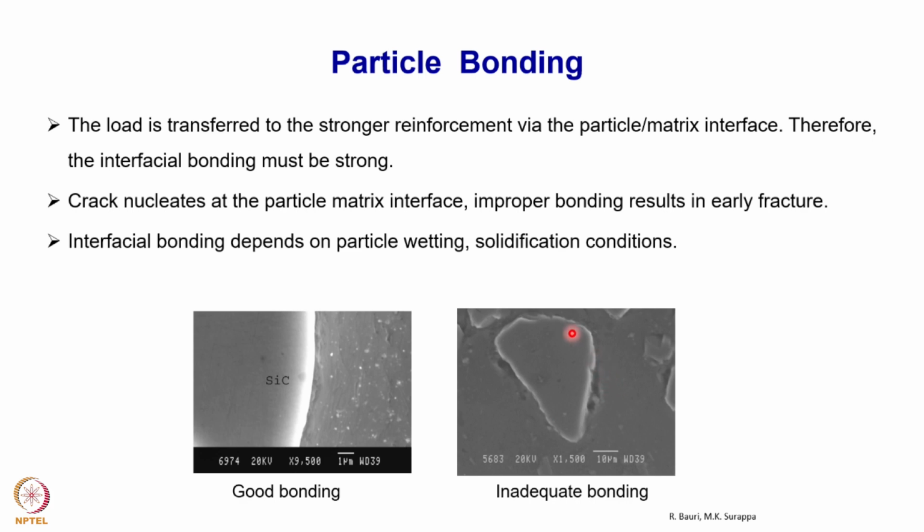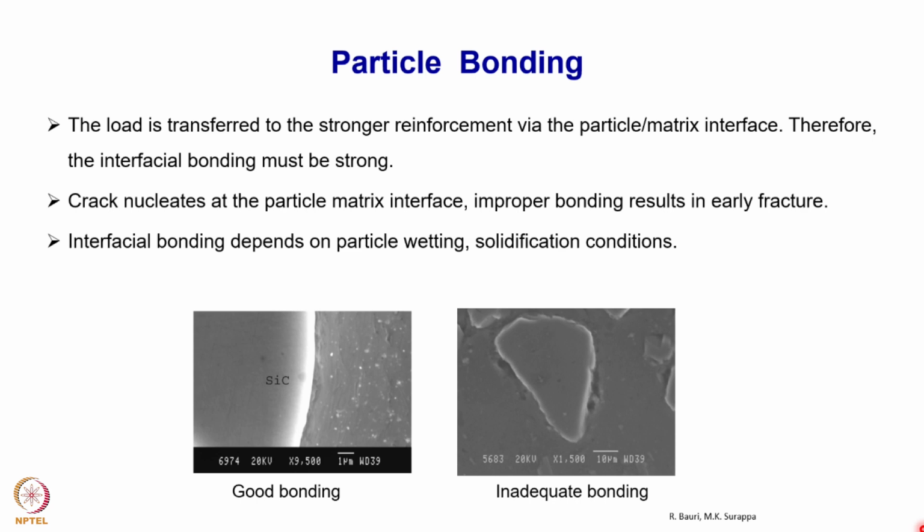So even if you have the presence of particles in a composite like this where the interfacial bonding is not good, the properties are not going to improve. Rather, they might even go down. They might even be inferior compared to the unreinforced metal.